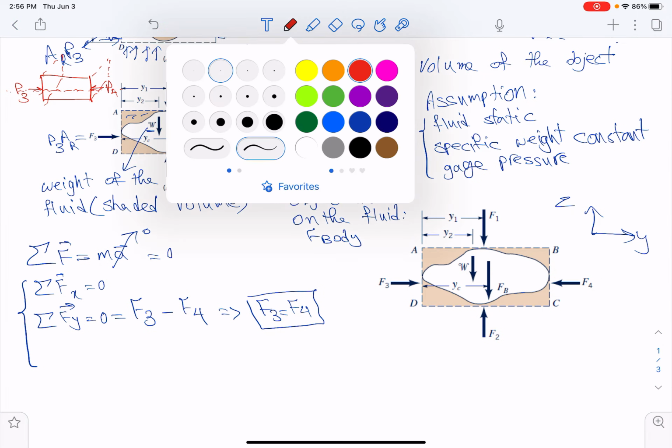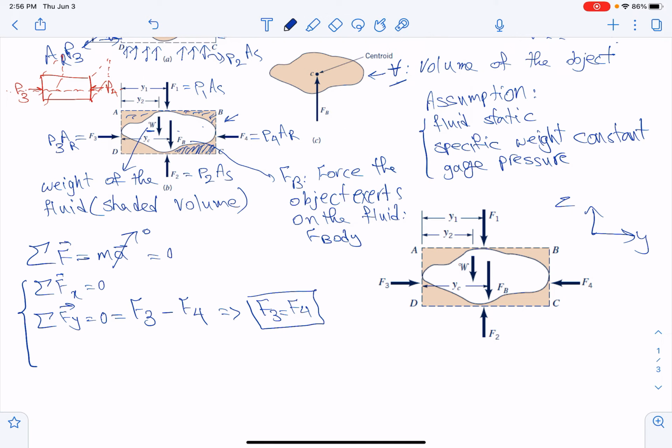So let's write down the balances in Z direction. So these are forces in Z direction. It doesn't have the vector bar here, sorry. So sigma Fz is also equal to 0.